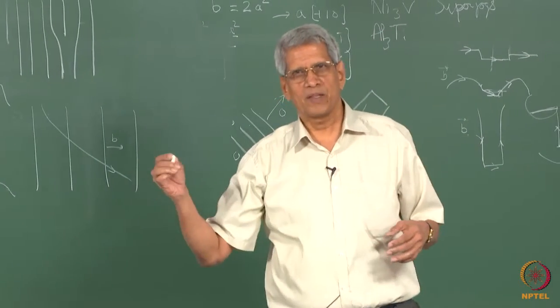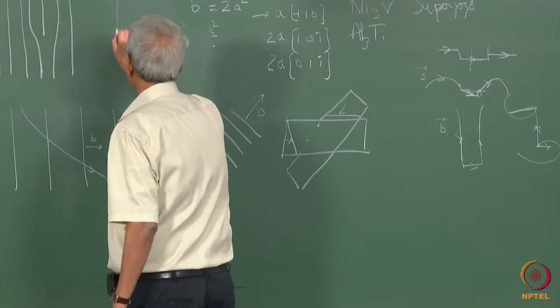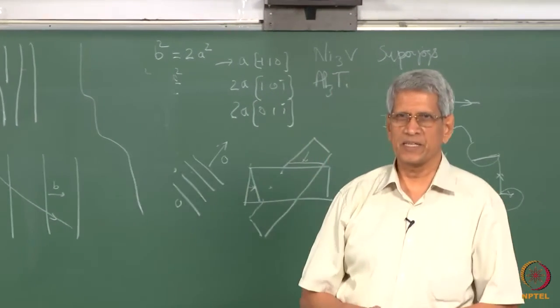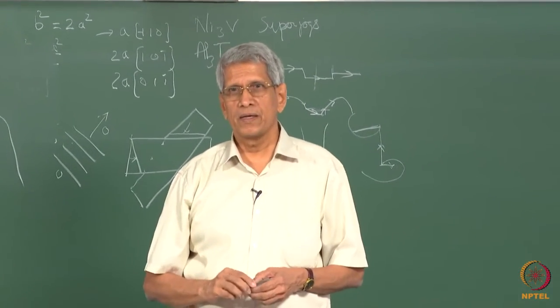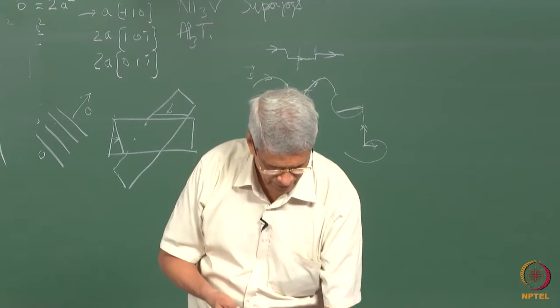Wherever it is possible, it tries to minimize the energy, and the dislocation line will be there like this, maybe it will be moving like this. This is how we will be observing the dislocation line. So, this is another form in which kinks could be generated.